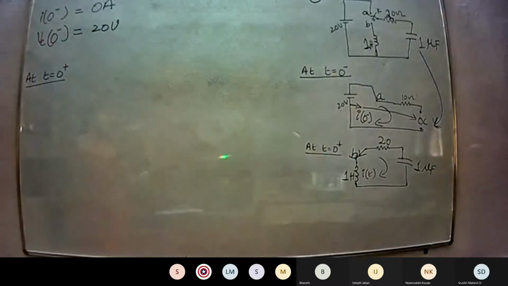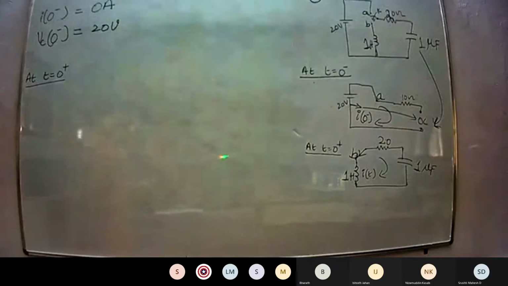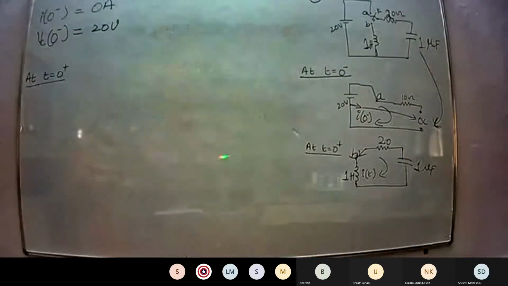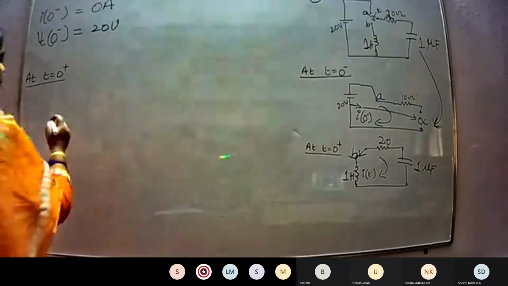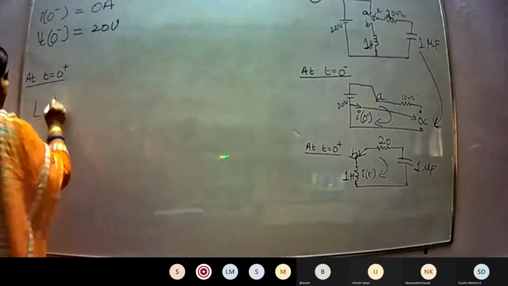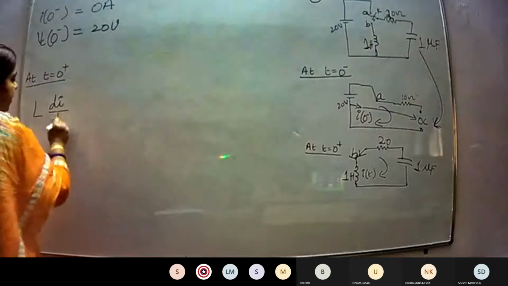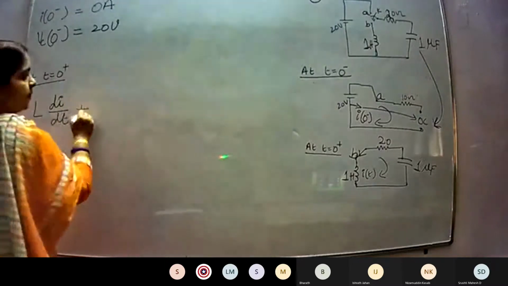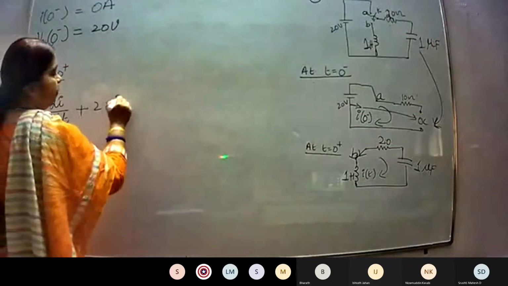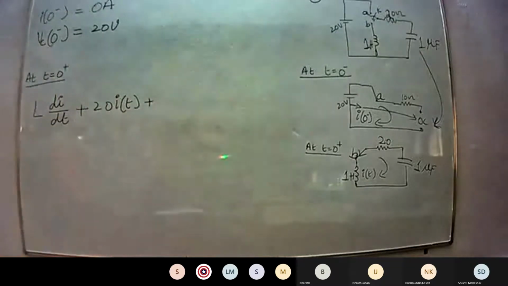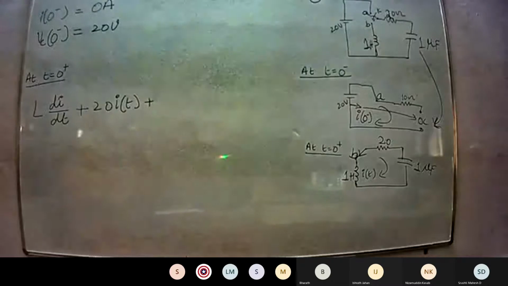We'll start from the inductor. What will it be? L into di by dt plus 20 into I of t plus, can you tell for the capacitor?